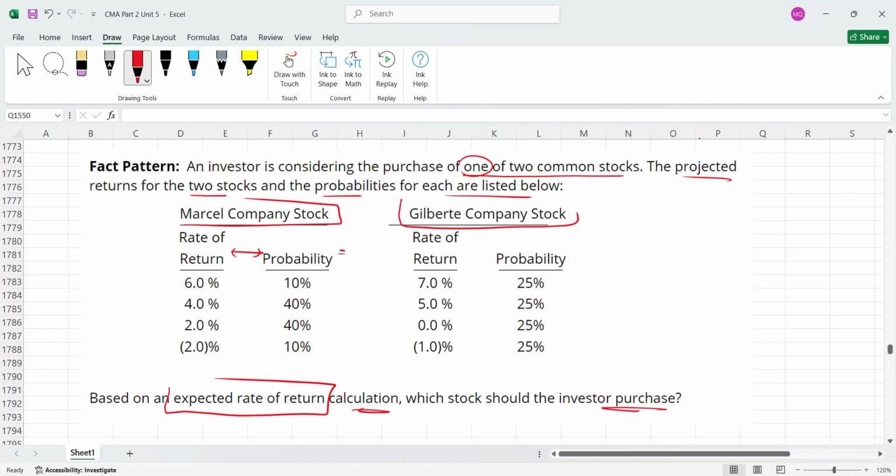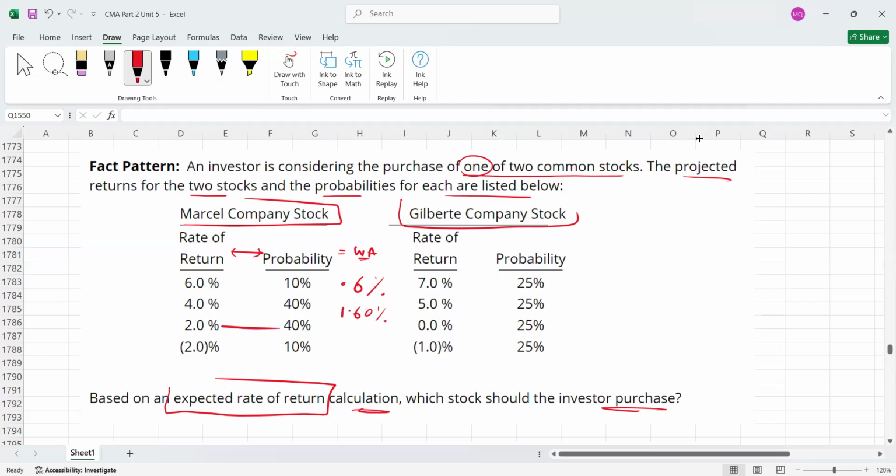So simply you will calculate the expected rate of return. First calculate the weighted average value. How? You take 6% into 10%, it will give you 0.6%. Okay, then 4% into 40%, it will give you 1.60%.